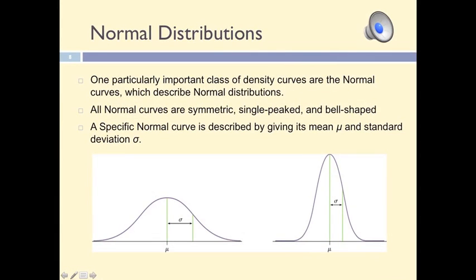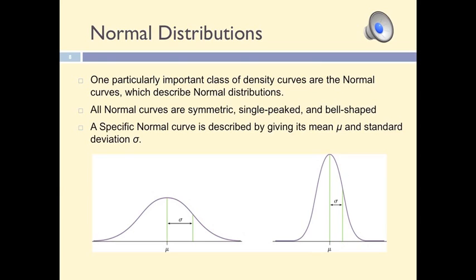Density curves are used to illustrate many types of distributions. Of special interest for us is what we call the normal distribution or the bell-shaped distribution, which describes many human traits. All normal curves have symmetry. However, we must remember that not all symmetric distributions are normal.